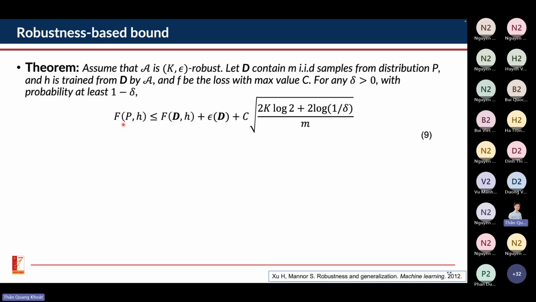That is, the test error is bounded by the training error, the robustness of the learning algorithm, and this uncertainty term. Okay, that is very clear. So it means that if our learner is robust, this quantity should be smaller, and the trained model can generalize better. It essentially says something like this.